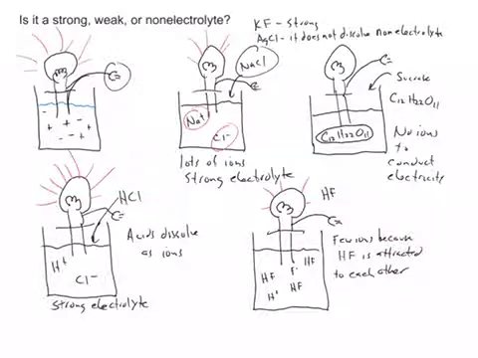Okay, so now we understand the different types of things that can be strong, weak, or non-electrolytes. So let's come up with a list of things here. Let's take a look at some salts, some acids, and some bases.